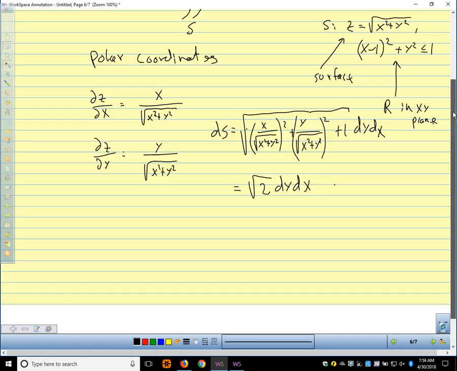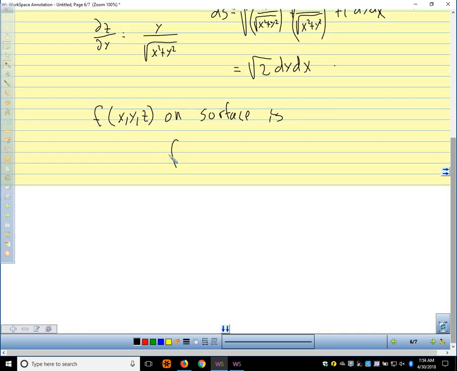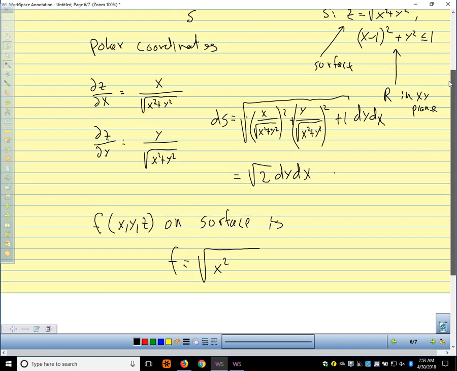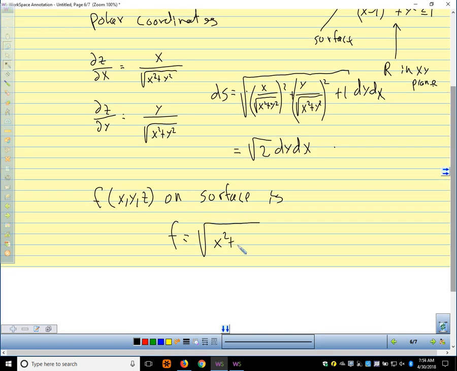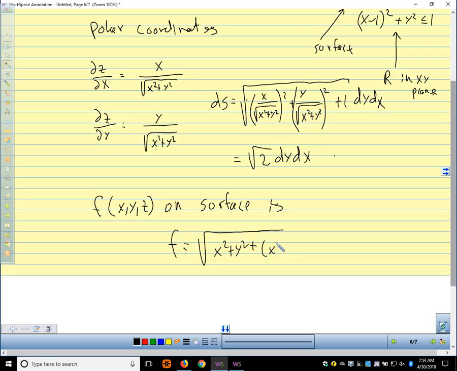And we need f, our function on the surface. f equals the square root of x squared plus y squared plus z squared, which gives us square root of 2 times square root of x squared plus y squared.